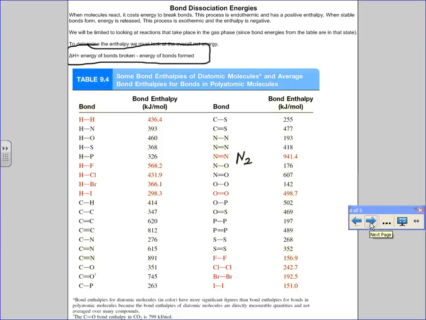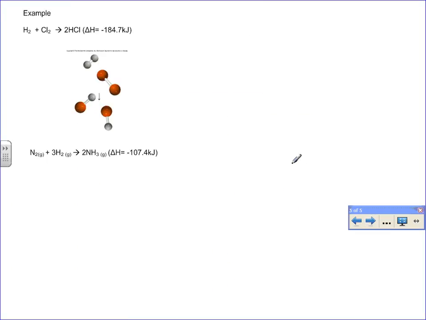So let's look at some examples on how we would calculate delta H. This first reaction, we've got H2 plus Cl2 going to 2HCl. And I'll put a diagram of the molecules here, because it's important that you visualize the molecules or draw structures so you know which bonds are being broken and which bonds are being formed and how many of each.